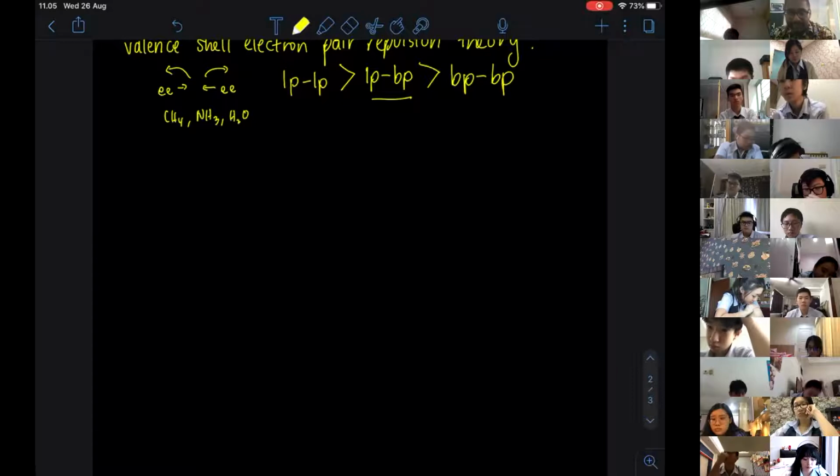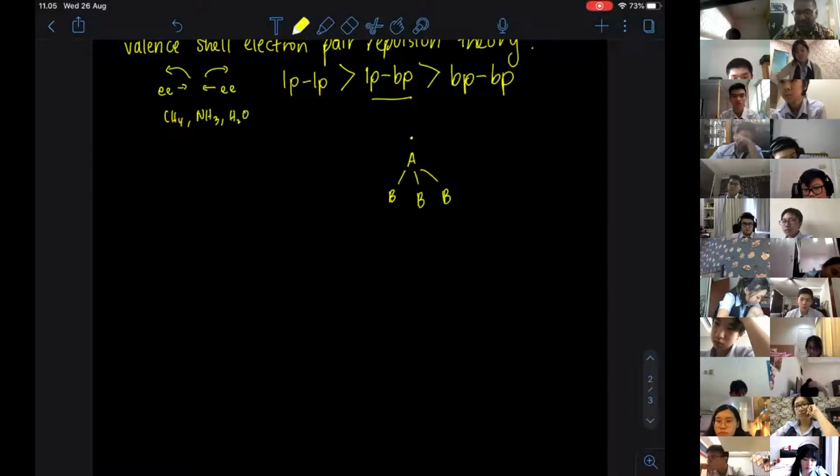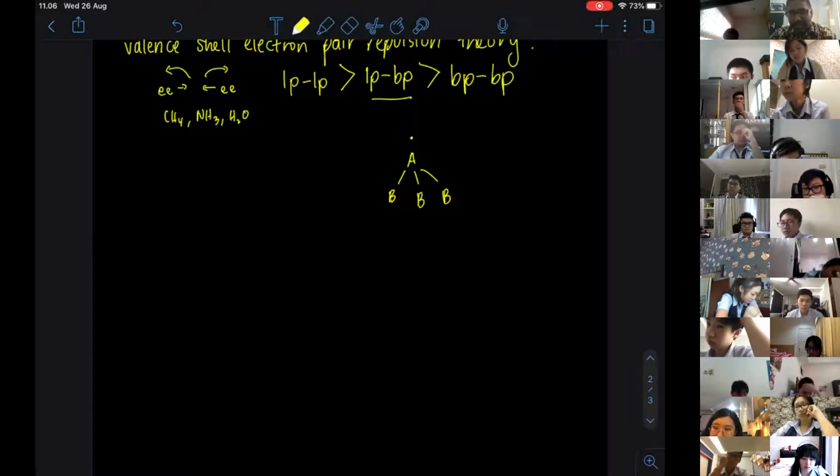Sometimes you have a situation where you have A, then you have B, B, B, and in a past year paper there was one time they only had one electron over there instead of two electrons. So they asked us to predict this. And you know what answers are going to be accepted? We will assume that this is something like a lone pair, even though it is not a lone pair.